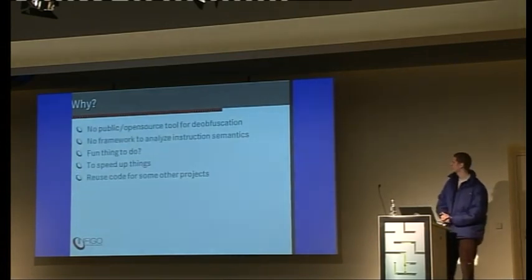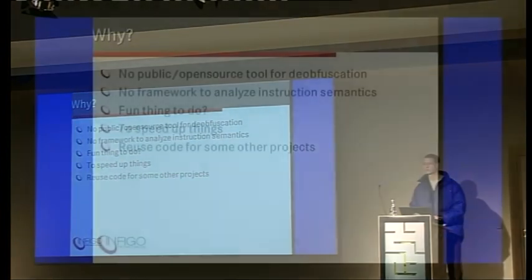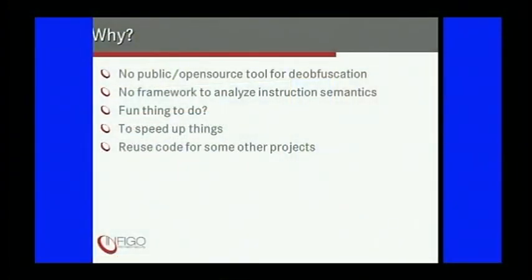There are no public open source tools for deobfuscation that I'm aware of. Several antivirus companies have their own that are closed source and heavily guarded. There are no frameworks to analyze instruction semantics. These frameworks enable you to analyze assembly code and develop algorithms that are good for removing obfuscations, analyzing code, doing code transformations, and stuff like that.